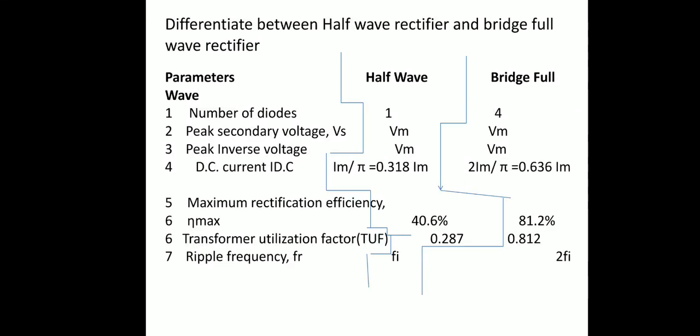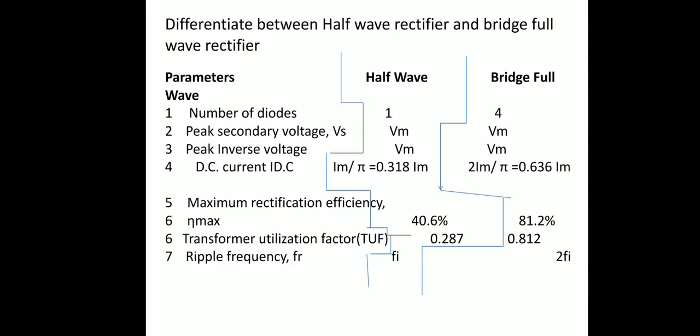This is the difference between half wave rectifier and bridge full wave rectifier. As we know, in the half wave rectifier we have used 1 diode, and in the full wave bridge rectifier we have used 4 diodes.